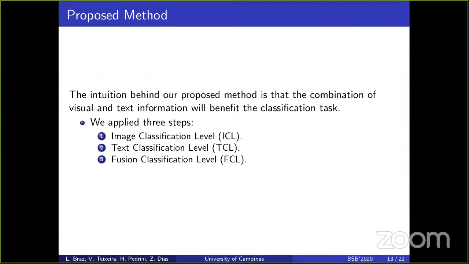At the end, we also used this model as a feature extractor. Lastly, on the fusion classification level, the output features from the ICL and TCL models are concatenated into a single feature vector used as input to the fusion classifier, which consists of three dense layers.